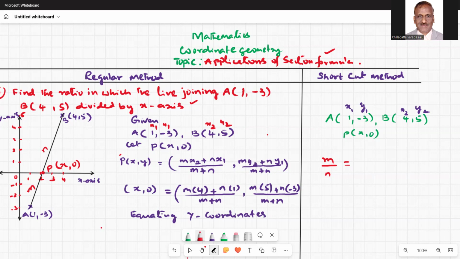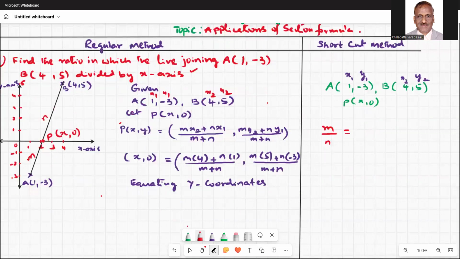You know the section formula we discussed in the previous class: P(x, y) is given by ((mx2 + nx1)/(m + n), (my2 + ny1)/(m + n)). Since the point is on the x-axis, I took the general point P(x, y) as (x, 0). Substitute the values which are given to you: A is (1, -3), that is x1, y1, and B is (4, 5), that is x2, y2.